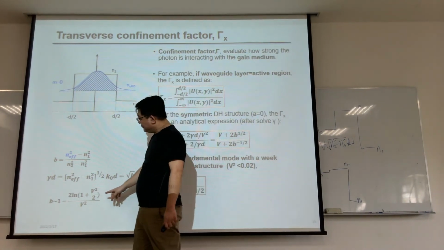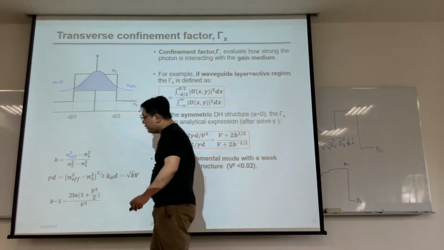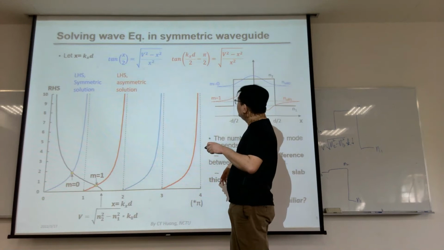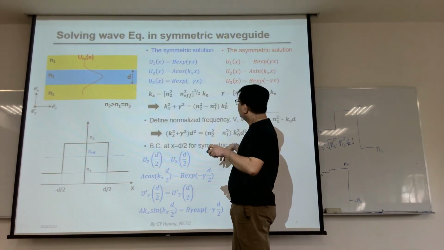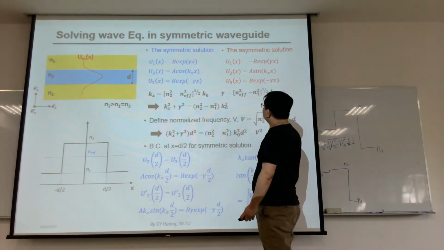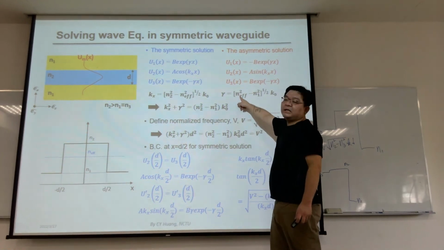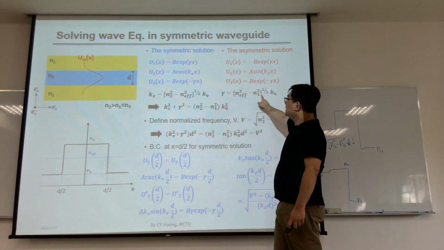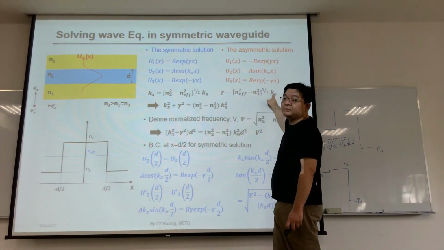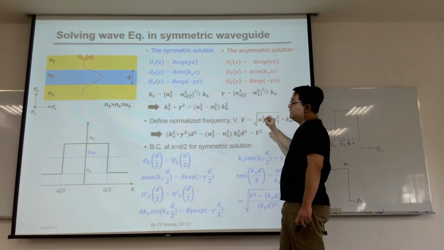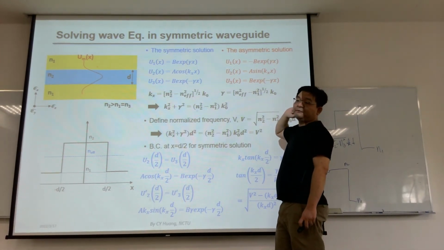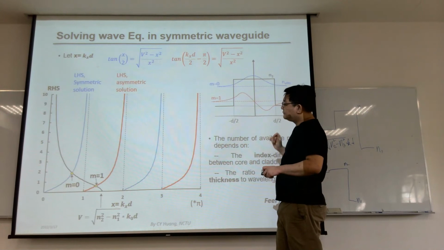If you have B, you have NEFF, and with NEFF you can calculate gamma: NEFF minus N1 times a square root. So you can also calculate gamma if you have NEFF.